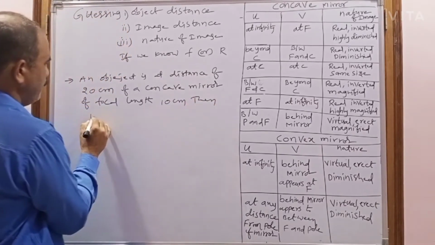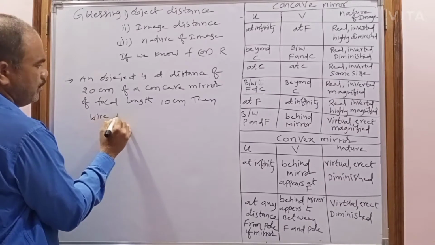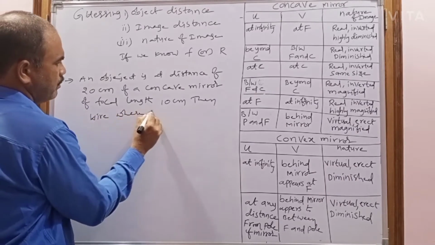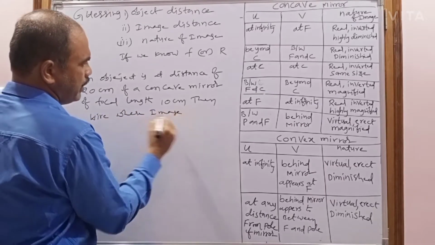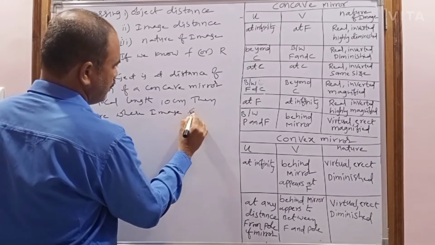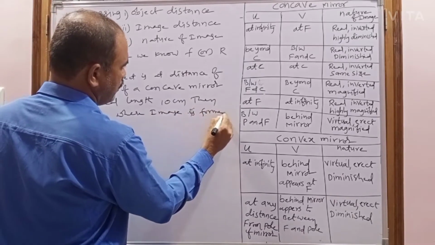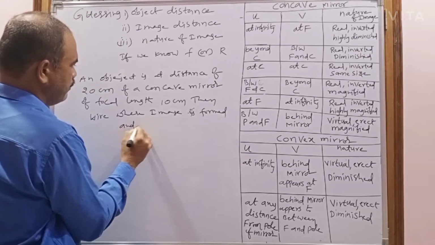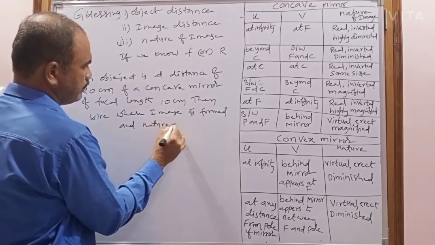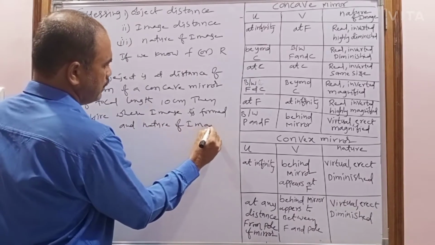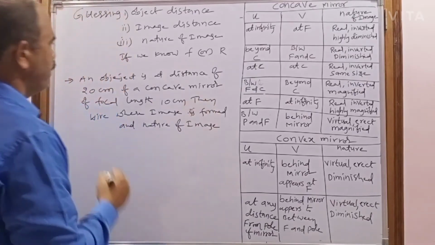Then write where the image is formed and the nature of image. So they will give it like this.